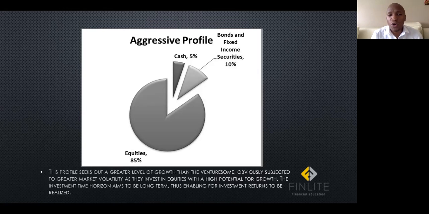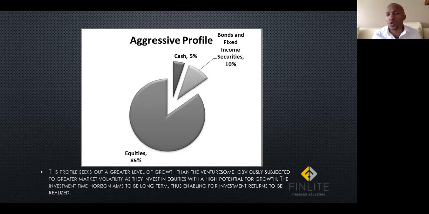And then we come with the aggressive profile, which can take one of the highest exposures to equities, up to 85%. This is the person who wants capital growth, and they are probably looking at investing for a longer term because equities have been proven to perform exceptionally well in the longer term. In the shorter term, they are more volatile.